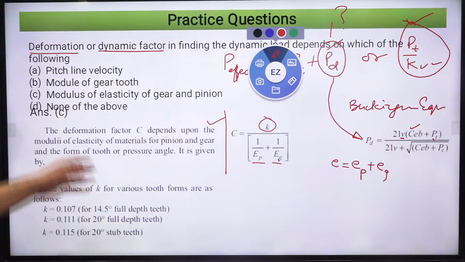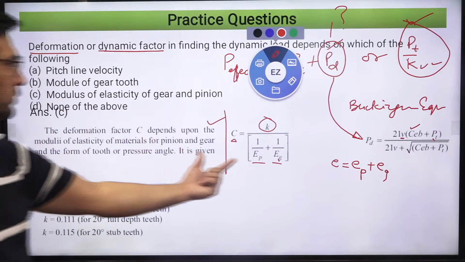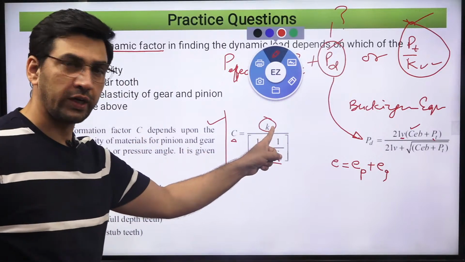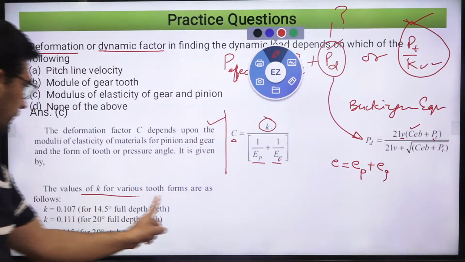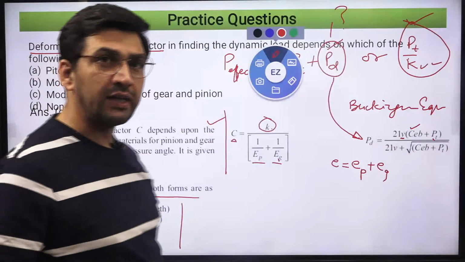So he has not asked. He has simply given this factor, which you can see depends upon what? Depends upon pitch line velocity. This K is a constant, and its value depends upon these values. Sometimes in these exams particularly, he can ask directly.